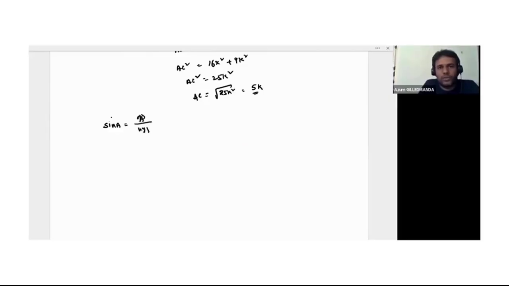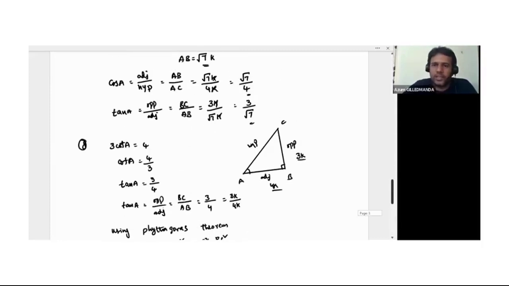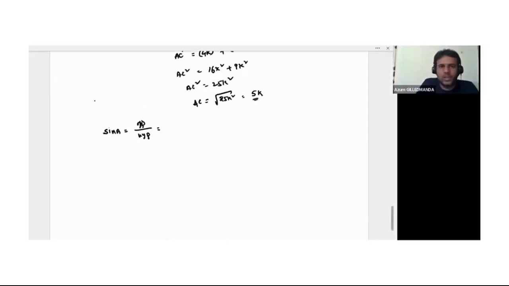Opposite by hypotenuse. So what is the opposite side here? BC by AC in our triangle, right? That is BC by AC, which is 3K by 5K. K gets cut, so 3 by 5. That is my sin A.